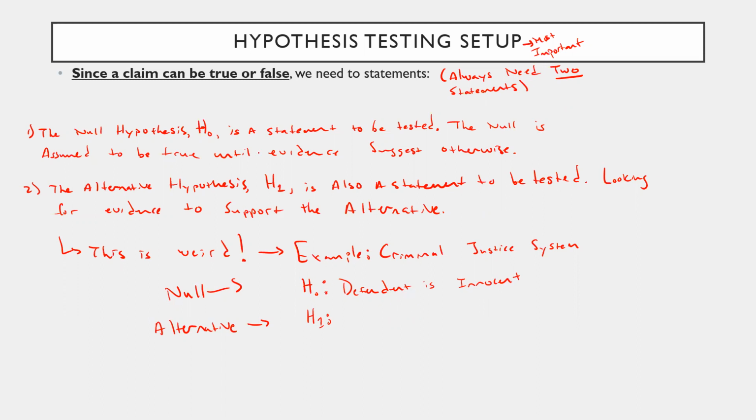That's your base assumption, so assumed true. And then you're looking to show evidence for the alternative that the defendant is guilty. So the null is the base assumption, and the alternative is what you're looking to show evidence for.